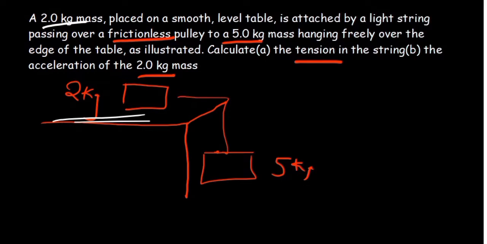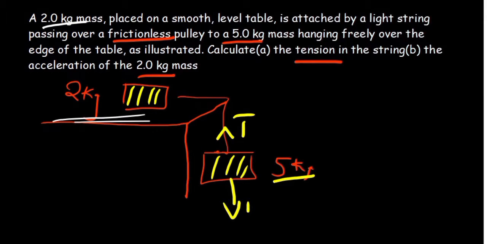Okay, so basically, if you look at this question, how do you approach it? You have to resolve the forces. You have to understand the forces that are acting on these different masses. If you look at the 5 kilogram mass, how many forces are acting on it? We have the tension that is supporting it upwards. Then you also have the weight force, which is mg, making it go downwards.